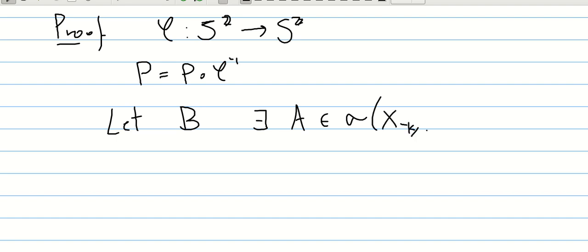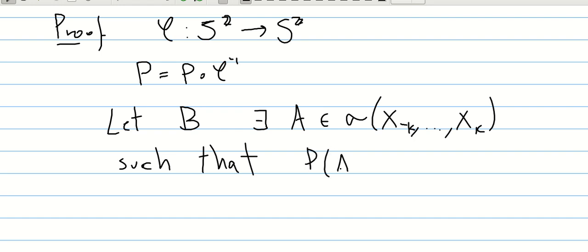So it means that for every event, let's call it B actually, for every event B, we can find the event A that is measurable only with respect to X from minus K to K, and such that the probability of A approximates very well the probability of B. And this is what we are going to use as a notion of approximation.